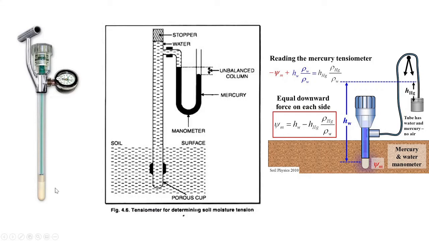The tensiometer has a porous ceramic cup and a manometer tube, and at the end of the manometer tube, either you have a vacuum gauge to measure the suction pressure, or you can use mercury to represent the suction caused by the soil.